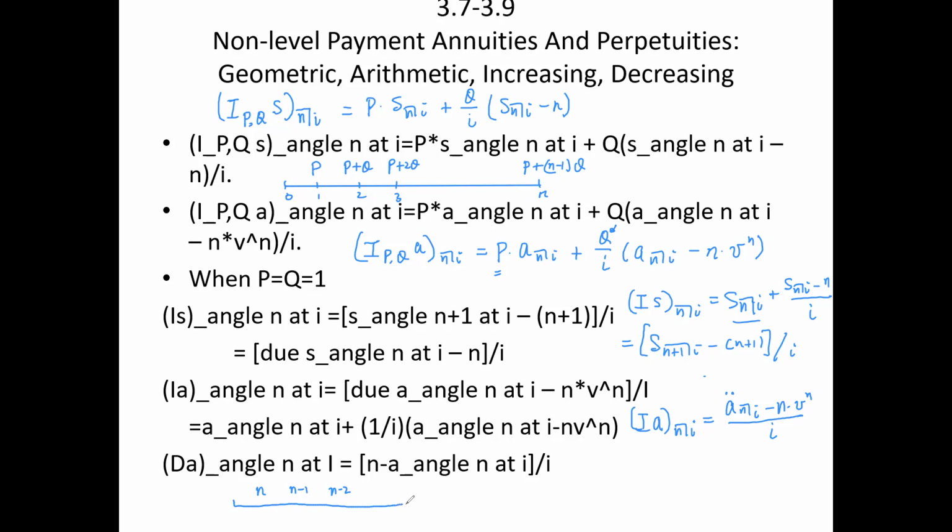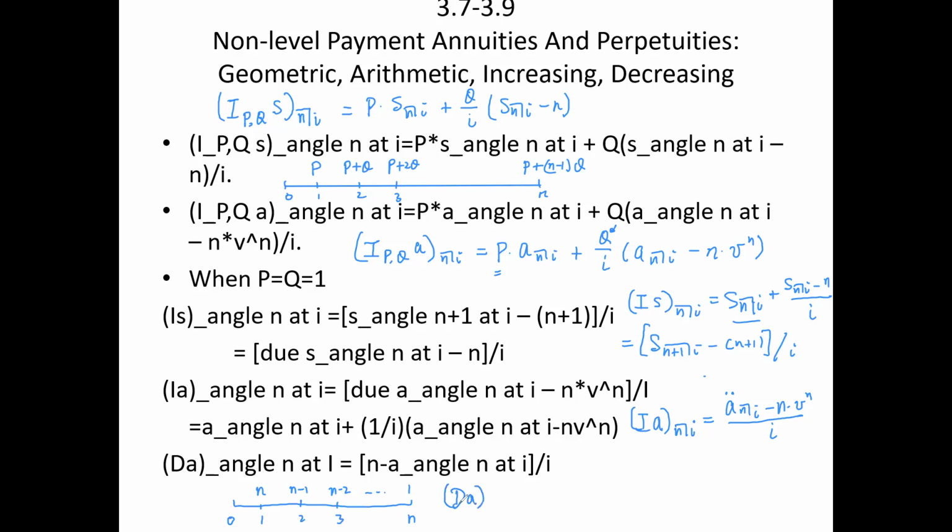the timeline. So it's 0. You have 1, 2, and then towards the end, n. You have 1 here. It's decreasing.